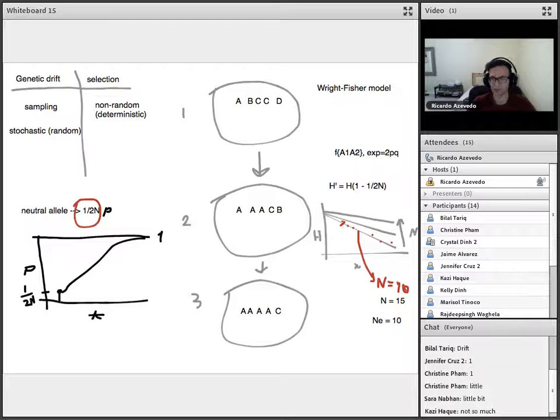So in the case of a Wright-Fisher model, we assume that everyone in the population reproduces, and the ratio between sexes is 1-to-1. So in these models, we simply have two genders, or two reproductive units, males and females, which is of course not necessarily true in every organism. In a lot of protozoans, there are like 5 or 6 different sexes.